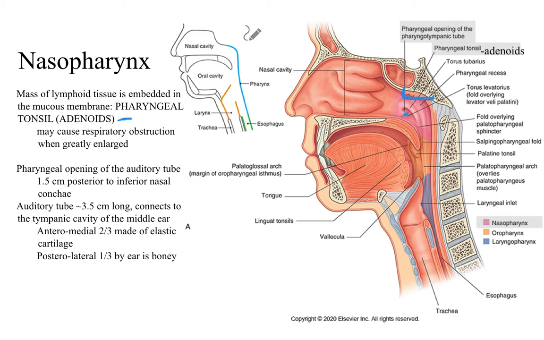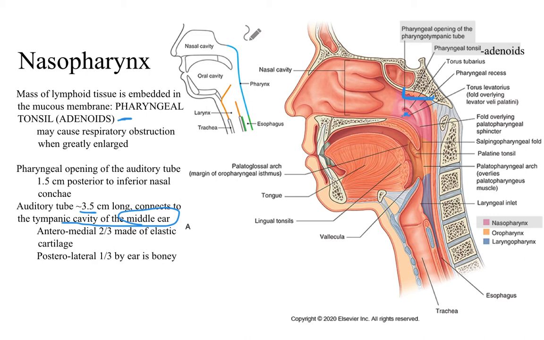This opening right here is the opening to the auditory tube, so the pharyngeal opening to the auditory tube. So now you actually see where it goes into the nasopharynx. We'll see where it comes from when we cover the ear. But for now, we'll just refer to it as a tube that's about 3.5 centimeters long, connects to the tympanic cavity of the middle ear, so the middle ear where the bones are.